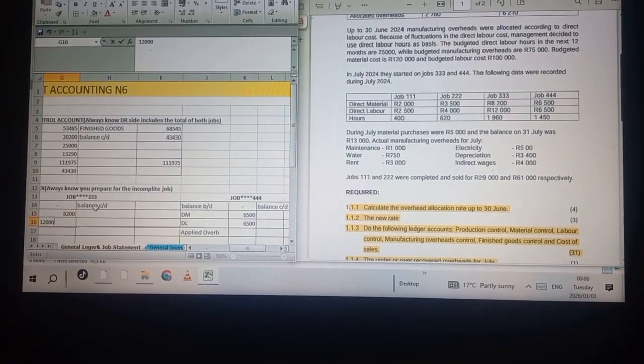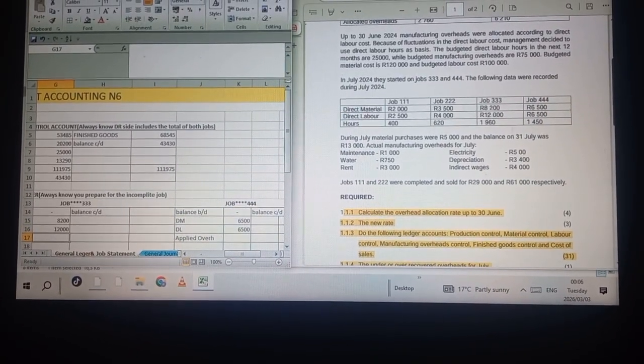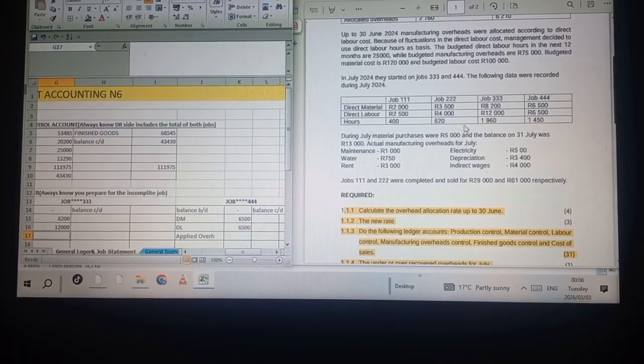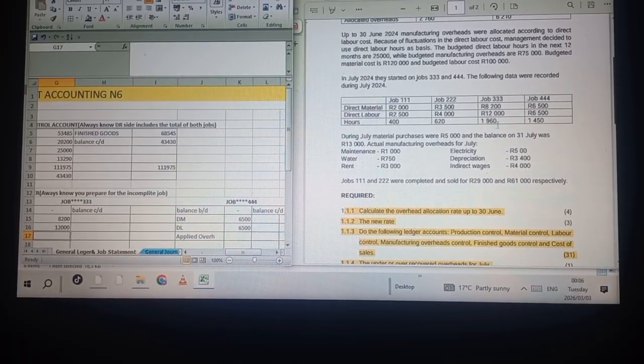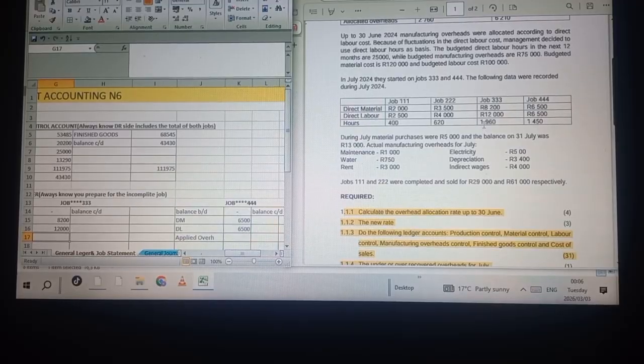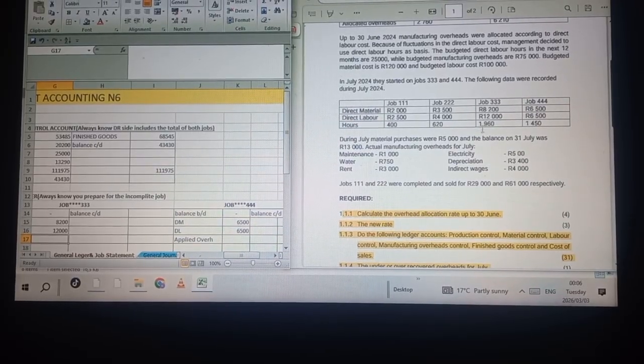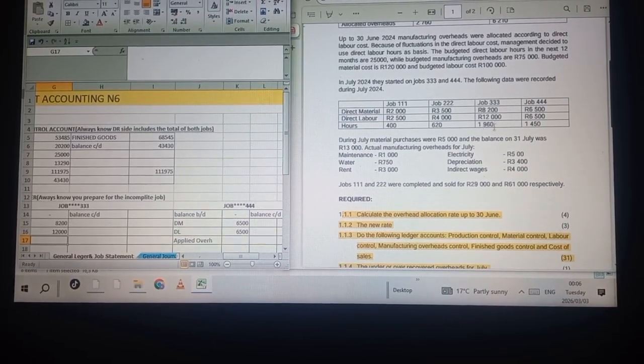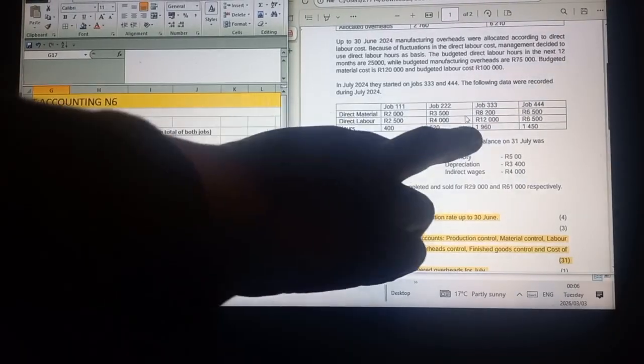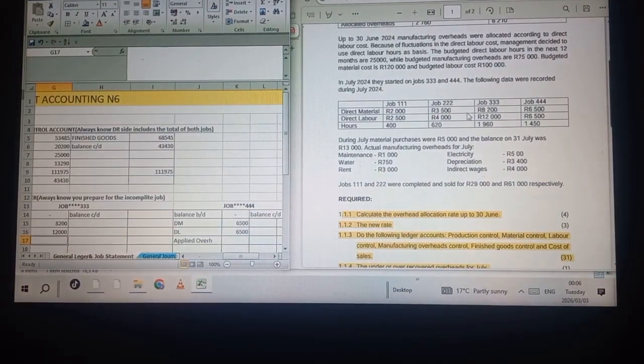Applied overheads, you need to calculate it. Hours applied is 1,960 times that 3.